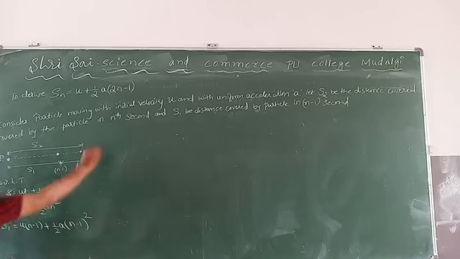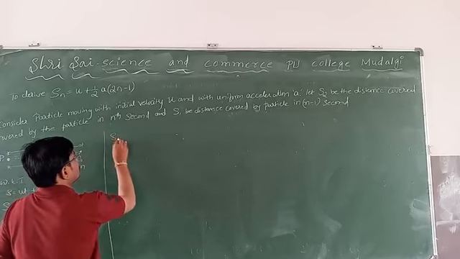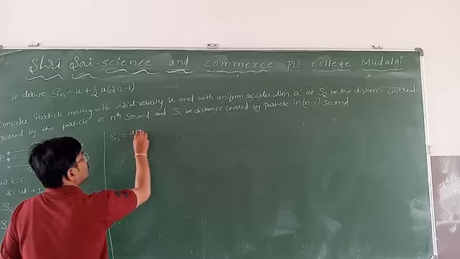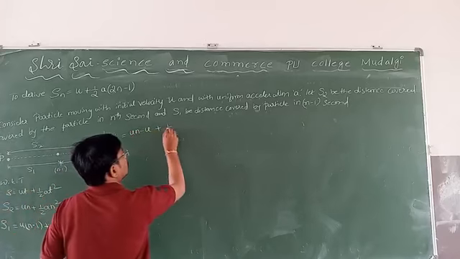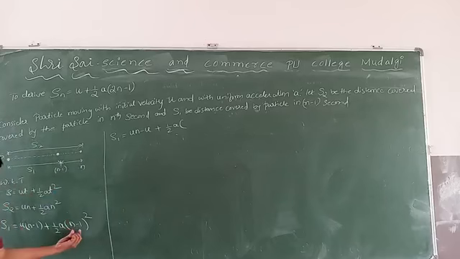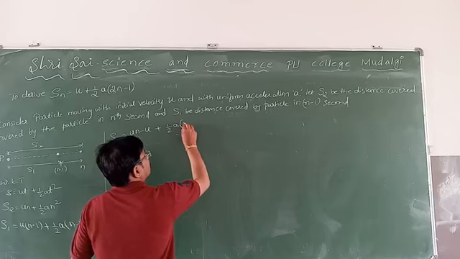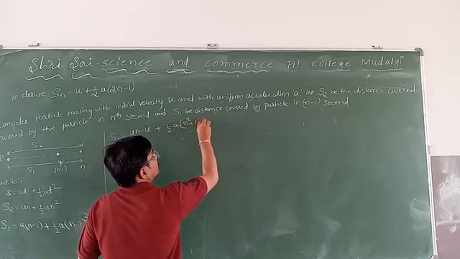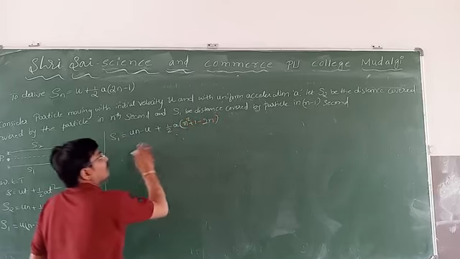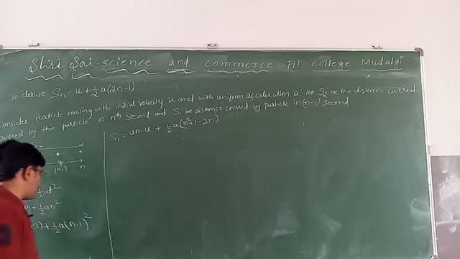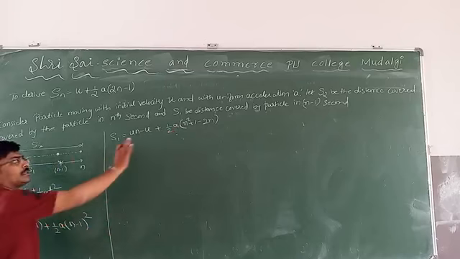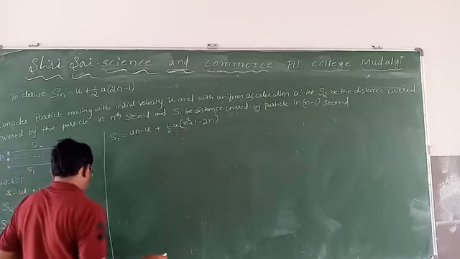See how we can simplify this equation a little more. s1 is equal to un minus u plus 1/2 a. You just expand this one only, n minus 1 whole square, using the a minus b whole square formula. According to that formula I expand: n square plus 1 minus 2n. I wrote 1/2 a as it is, there is no change, only I expanded this n minus 1.